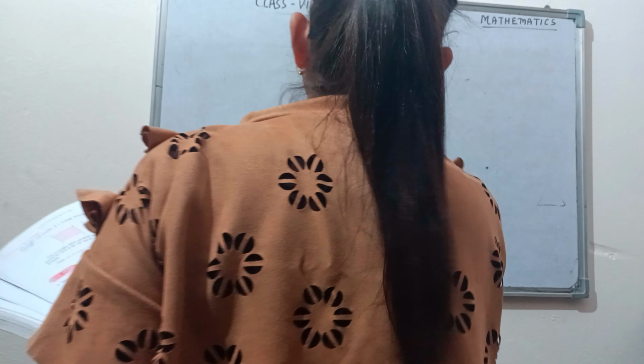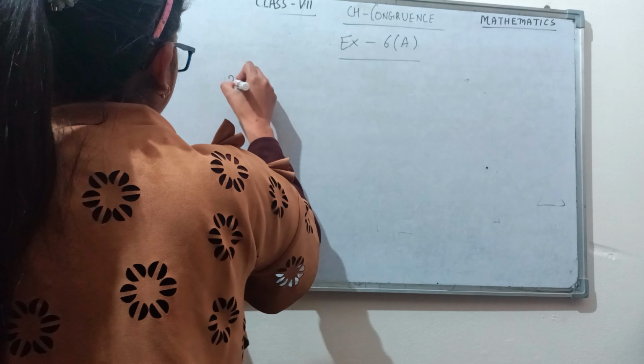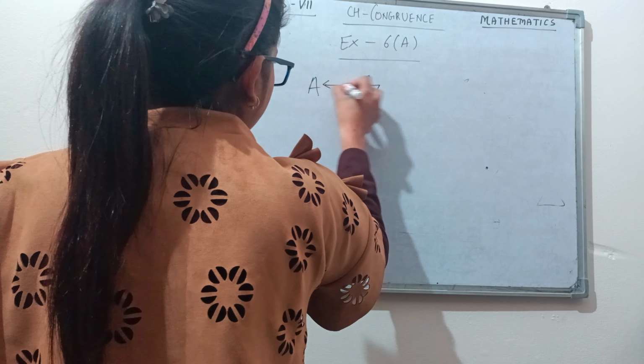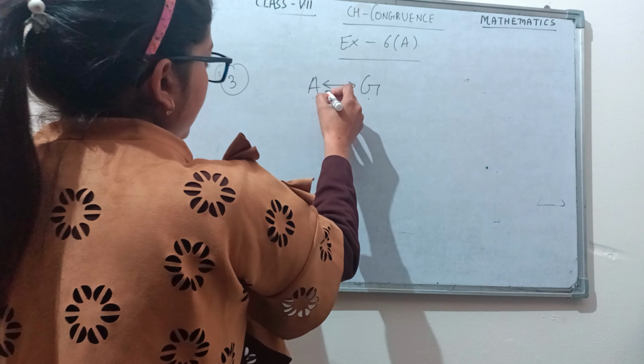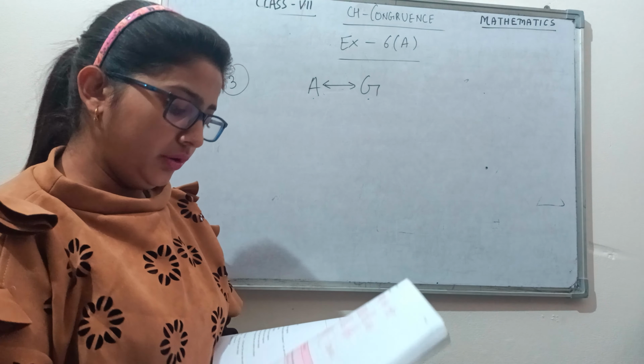You will represent two congruent figures like this: A is congruent to G. The meaning of this arrow is congruent. So A and G are congruent.